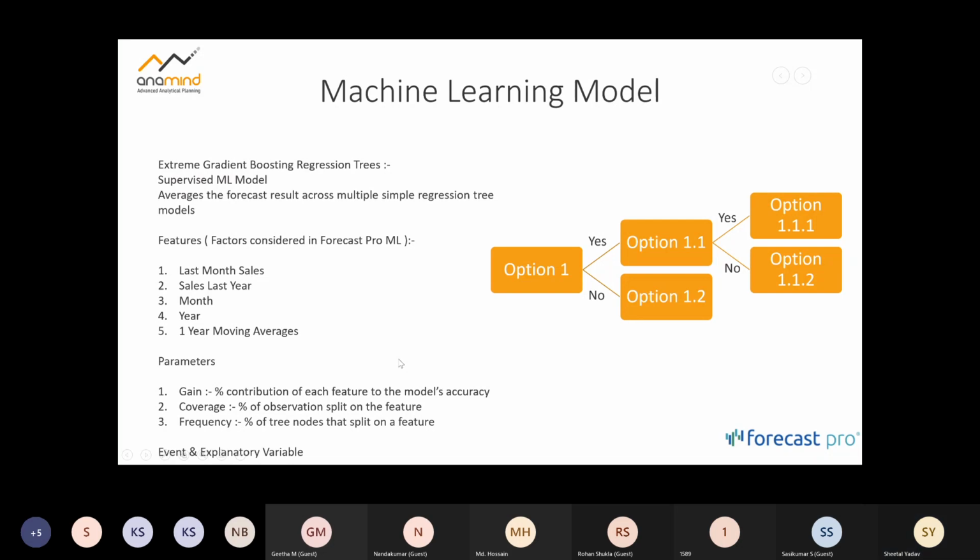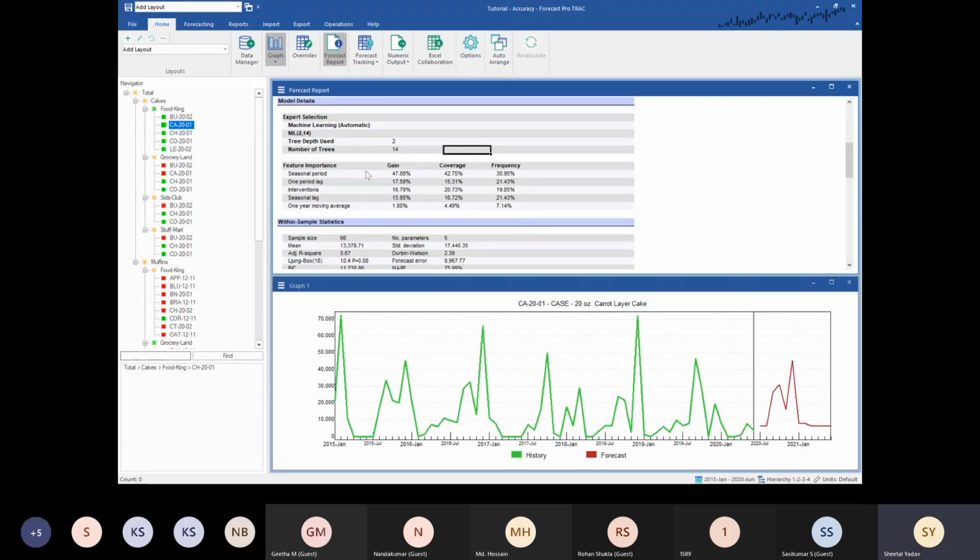Now, if you just read further over here, we have this feature importance list, and it's really important to give a note over here. So what is feature importance? We have seasonal period, 1 lag period, intervention, seasonal lag, 1 year moving average. The ML model is designed in such a way that it automatically predicts which factor is giving the best result, and these are sorted based on my gain.